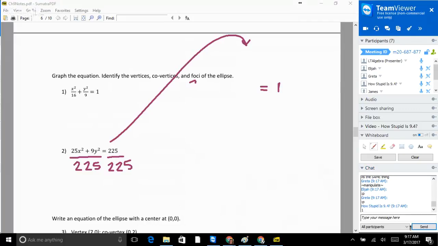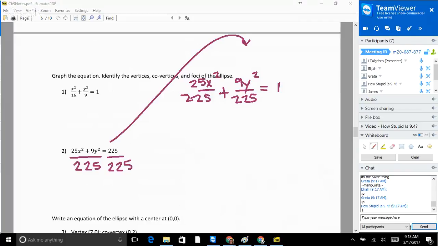So then we have 25x squared over 225 plus 9y squared over 225. So now you get to bust out your fraction skills, right?